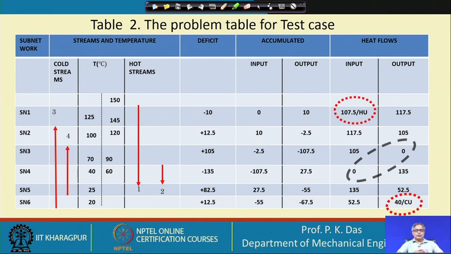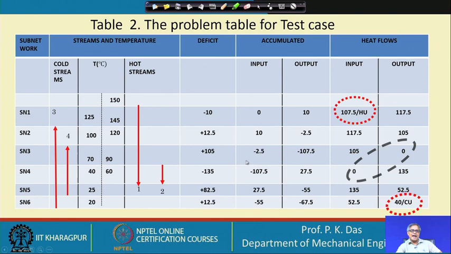So, now for each and every subnetwork we have got the value. The first subnetwork will have 0 input and an output of 10. Second subnetwork will have an input of 10, output of minus 2.5.